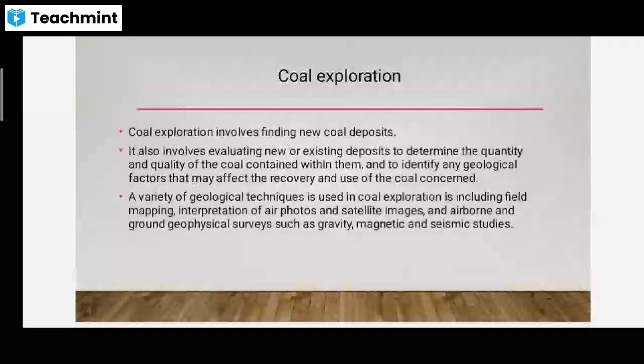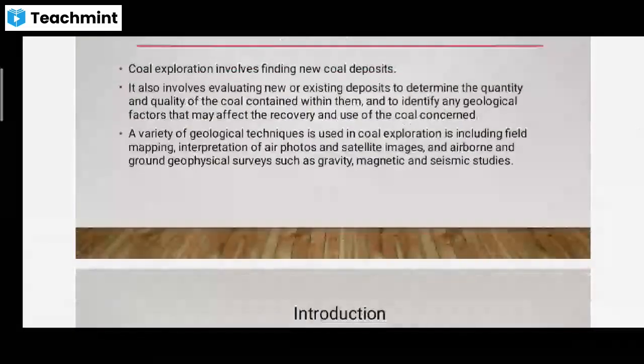A variety of geological techniques is used in coal exploration, including field mapping, interpretation of air photos and satellite images, and airborne and ground geological surveys such as gravity, magnetic and seismic studies.